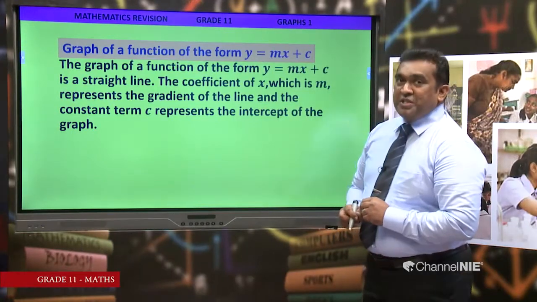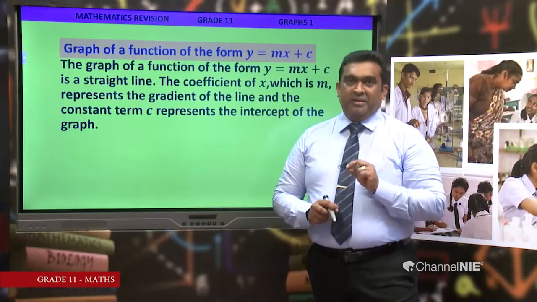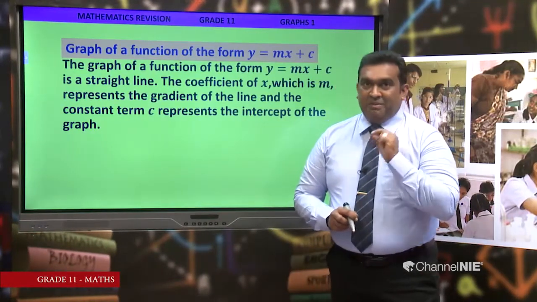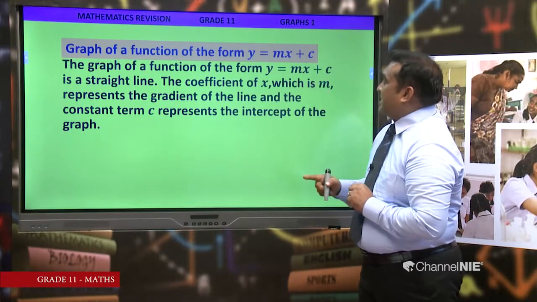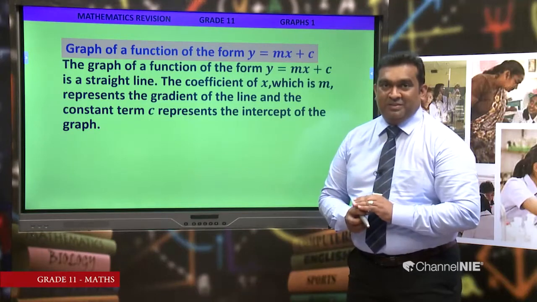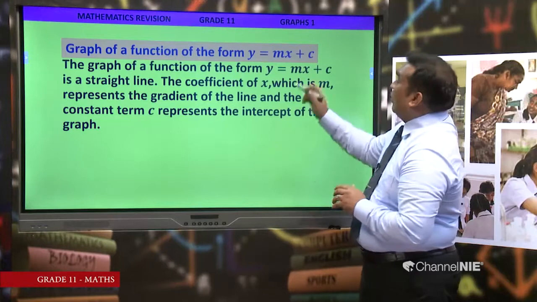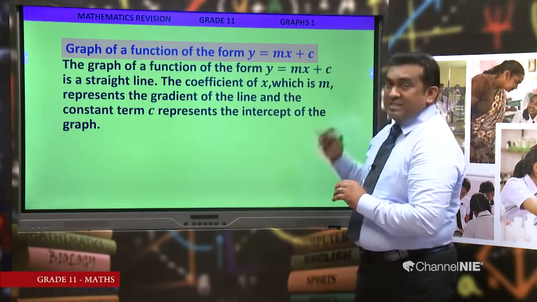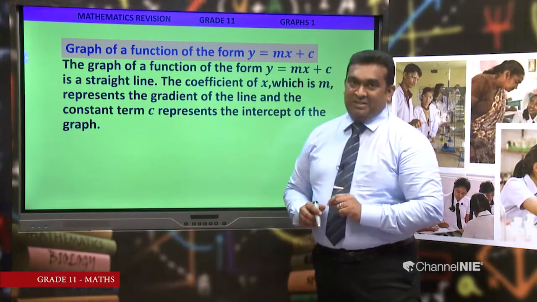What is the coefficient of x? Coefficient means the number in front of x, but there is a condition: the coefficient of x when the coefficient of y is 1. Right? How to define the gradient? The coefficient of x when the coefficient of y is 1.